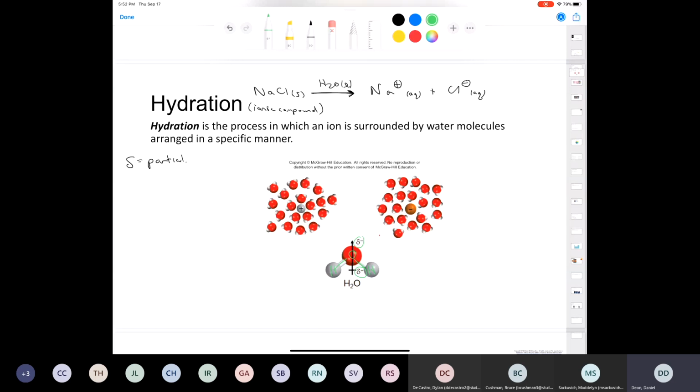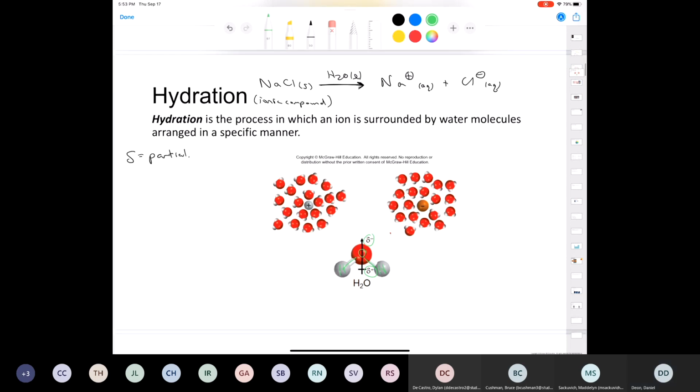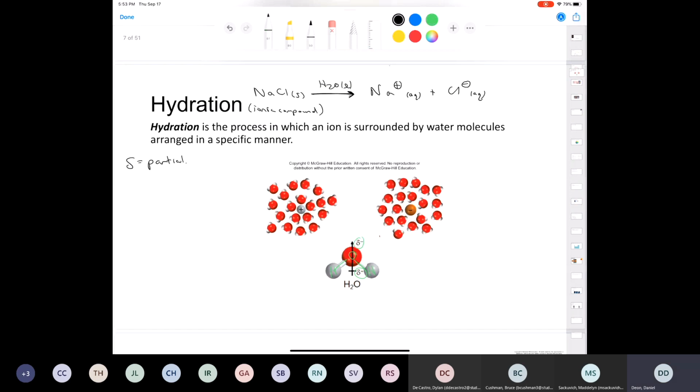Now you might be like, okay, water, partial positive, partial negative. What makes that so great? Here's the cool part. Here's where it gets really interesting. If you take a cation, like your sodium cation or any cation, and you put it in water, why doesn't it just float around? It's because the water molecule interacts with the cation.